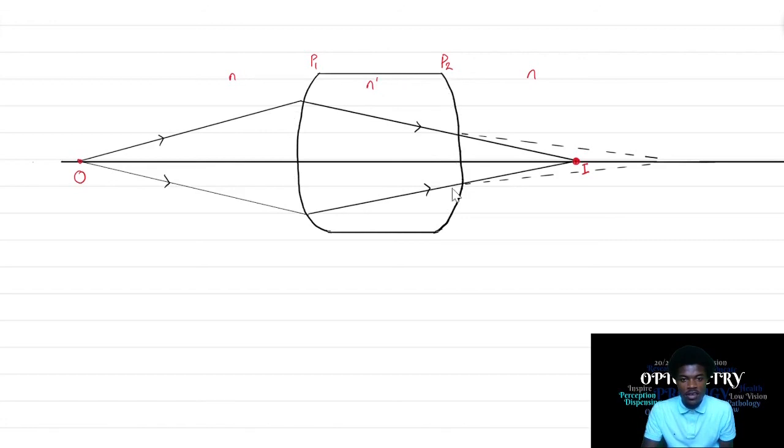It then refracts again at P2. You have an image forming as well. This dashed line is where the image would have formed if there wasn't another refractive surface before it formed this image. So again, this dashed line simply indicates where the image would have fallen if this second refractive surface was not in the way of it forming the image.